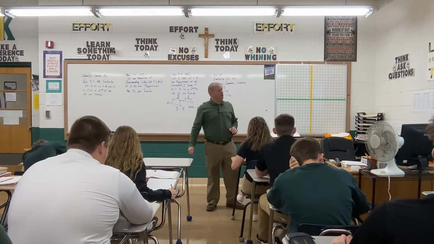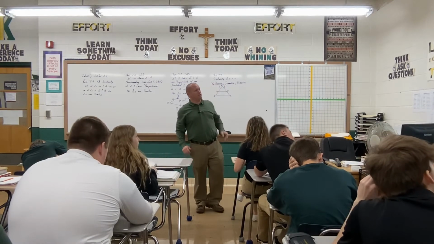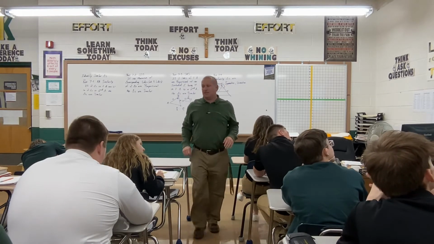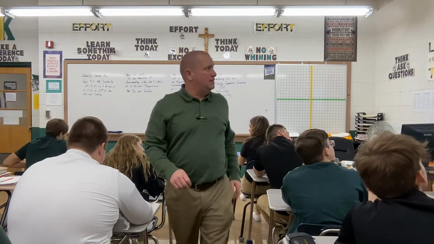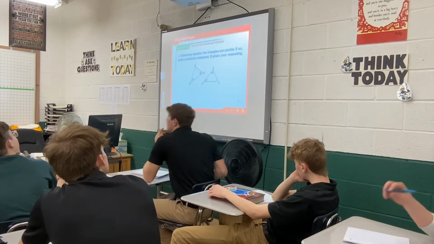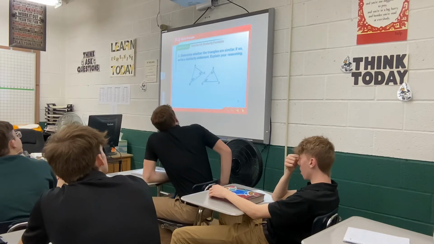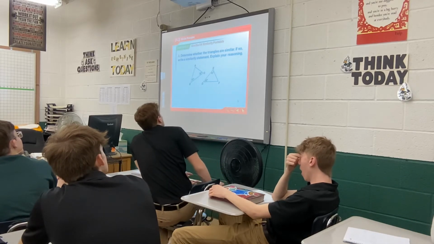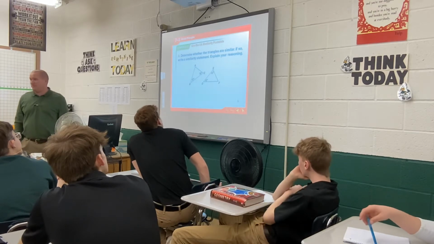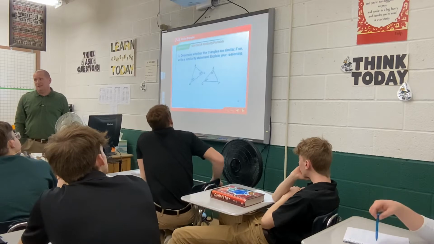So, if we look at this one right here, determine whether the triangles are similar, and if so, write a similarity statement. This is what we're talking about, right? If you look at this real quick, would you say that these two triangles are similar to each other? Yes. If you looked at it real quick, you might say no right off the bat because the numbers don't match up, right?